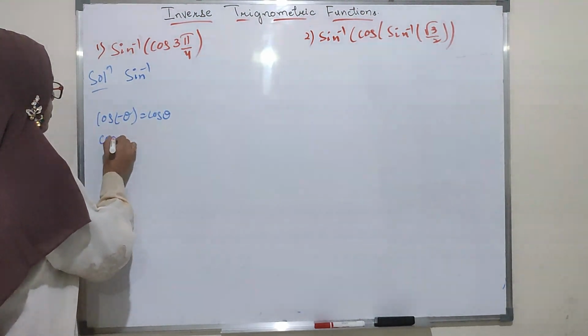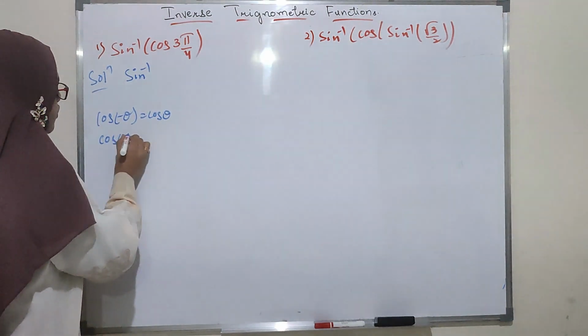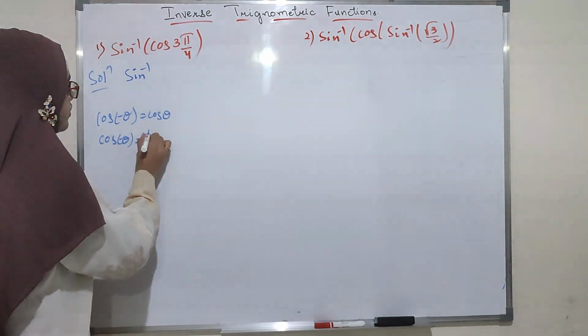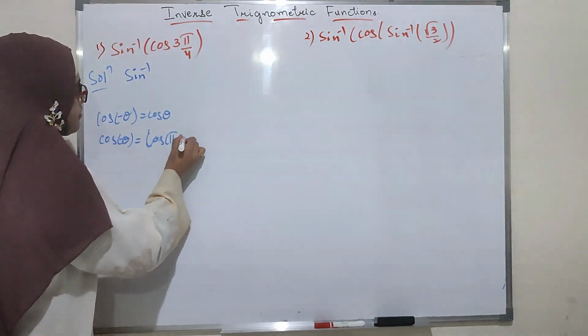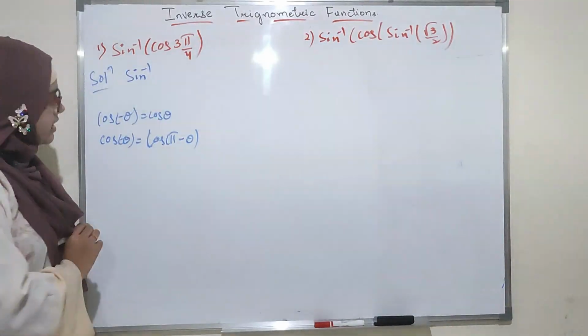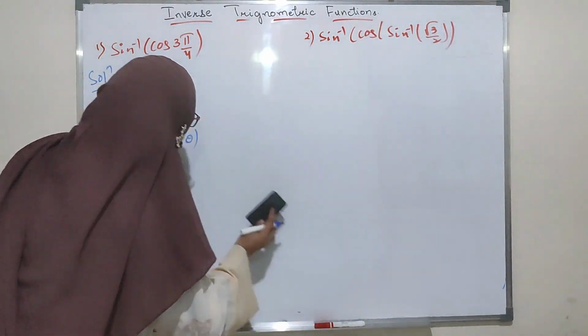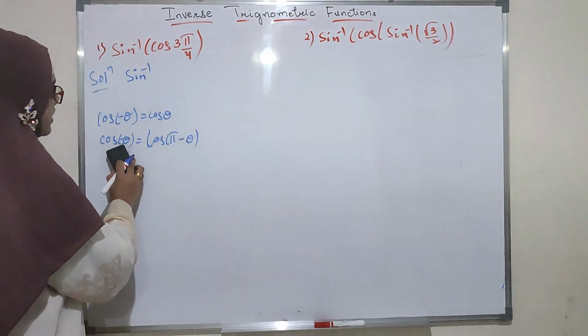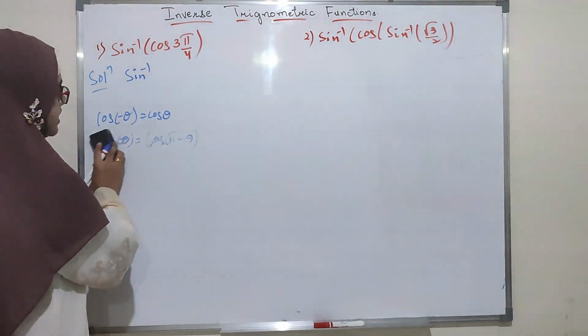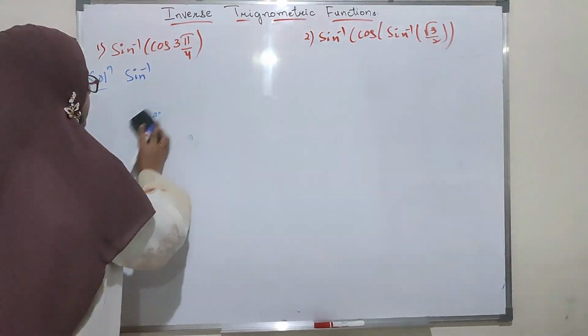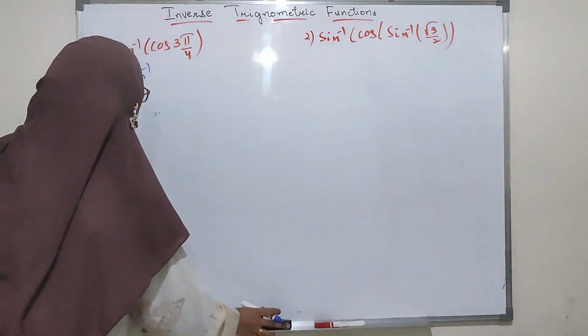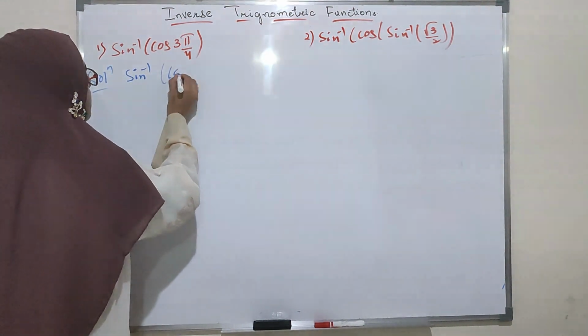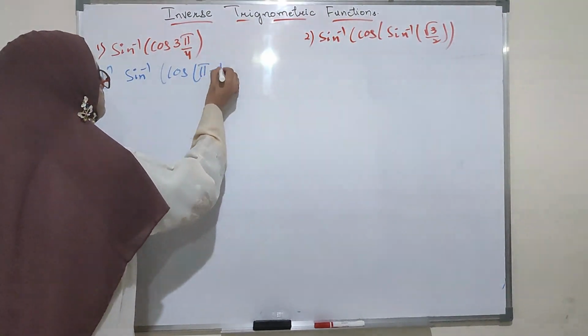If we are having cos minus theta and we want to write in terms of minus, then we have to write cos of pi minus theta. So here we are using this cos of pi minus theta. The theta remains the same. So we have to take sine inverse of cos of pi minus pi by 4.